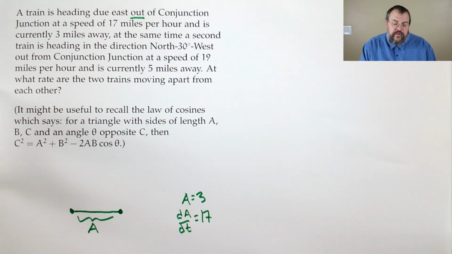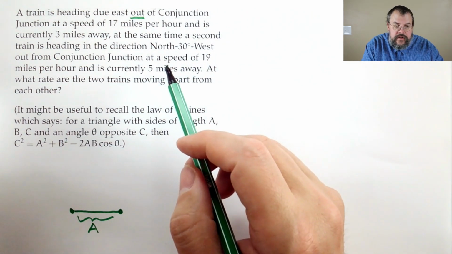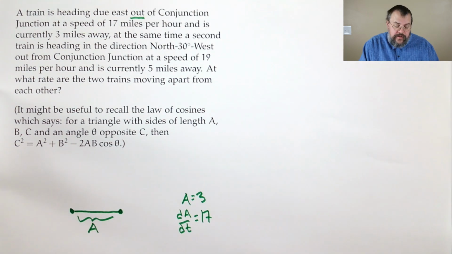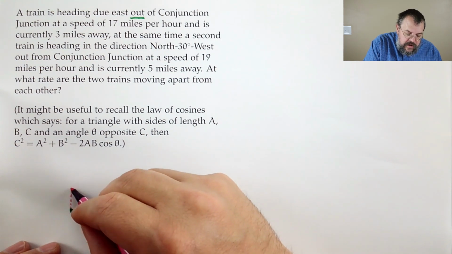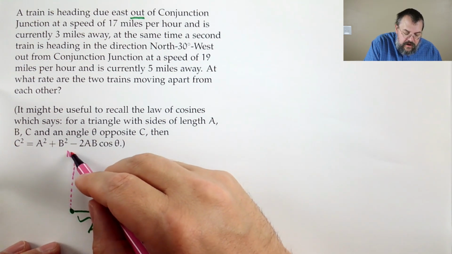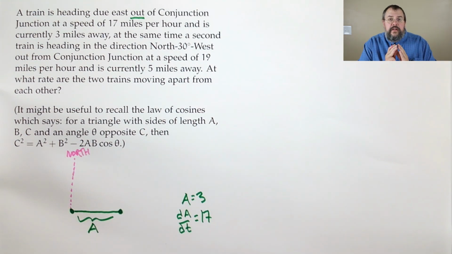You start by looking north. I'm going to change my color for a second just so I can get the picture right. So here's north. Now what it says is start by facing north, and then turn 30 degrees in the westerly direction.